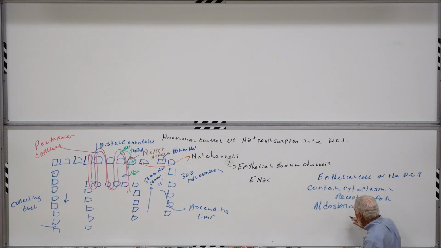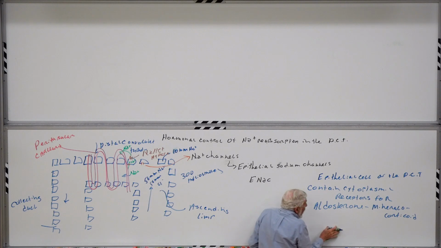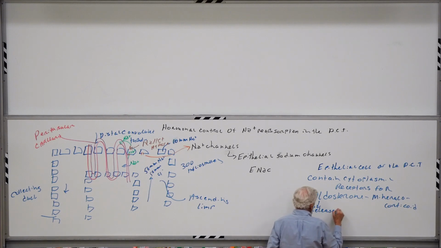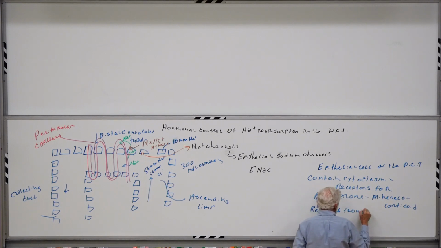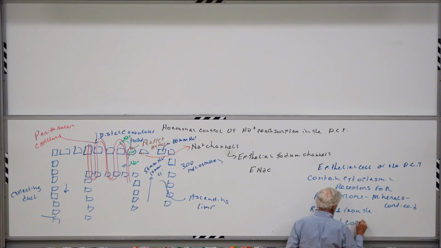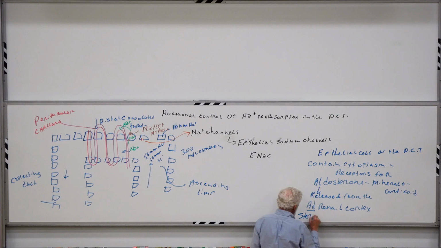Sometimes you'll see aldosterone referred to as a mineralocorticoid. Aldosterone is in fact released, secreted from the adrenal cortex. And as such, it's a steroid hormone.